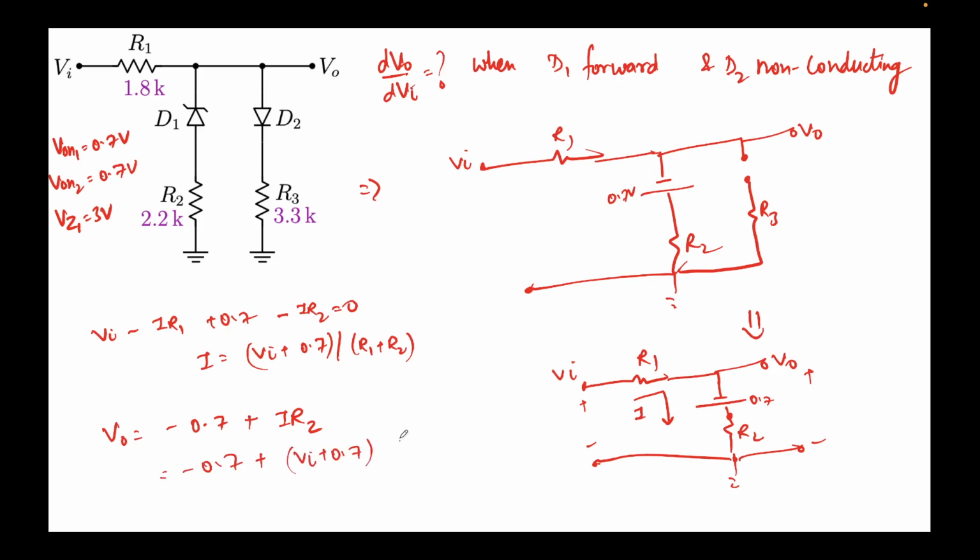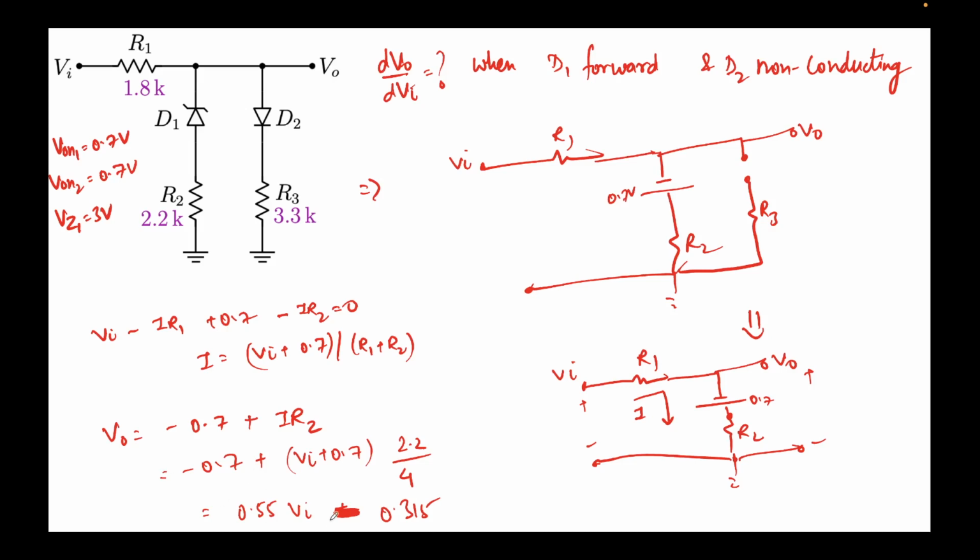This, the value of R2, now let's put 2.2. R1 plus R2 will be 4, right? So this will come out to be VI, the coefficient will come out, 2.2 by 4 is 0.55. This will come out to be 0.55 times VI plus, no, this will be a negative, 1.8 by 4 times 0.7, that is 0.315.